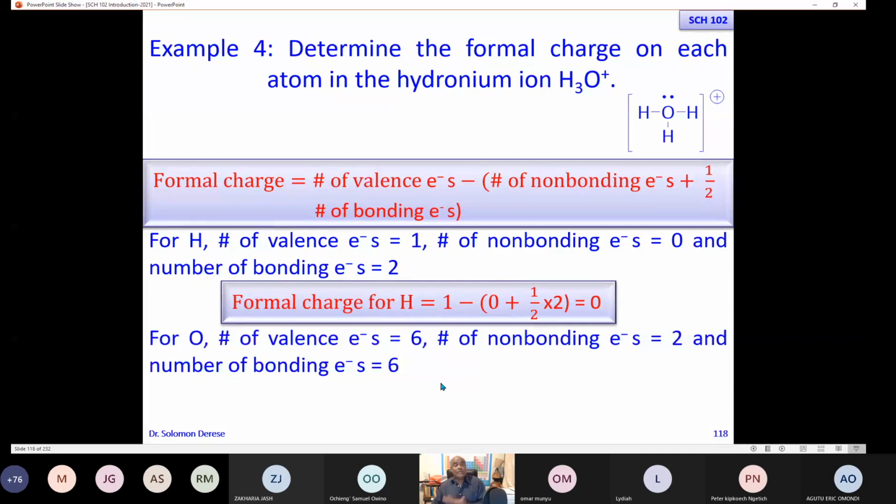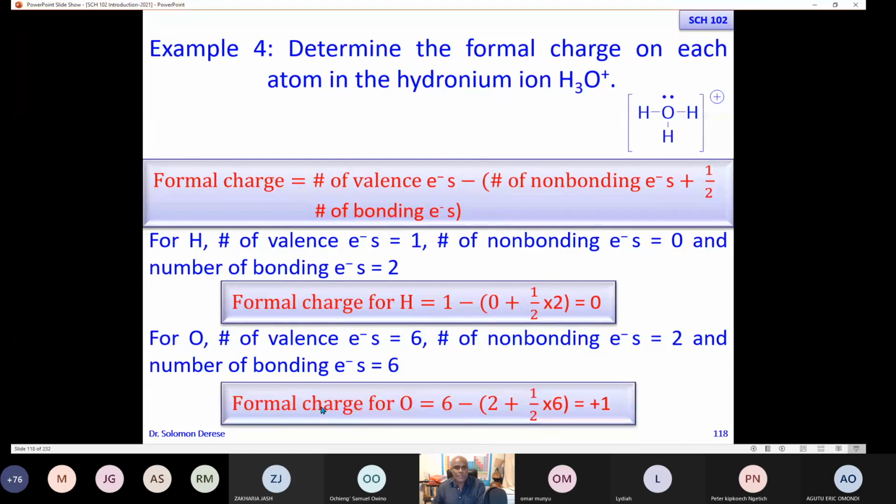When you calculate for the oxygen, the valence electrons on the oxygen is 6. The number of non-bonding electrons on the oxygen are these ones, 2 of them. And then the number of bonding electrons: as you can see, the oxygen has formed 3 bonds. Each bond is 2, so 3 times 2 is 6.